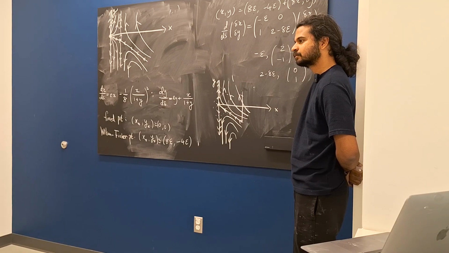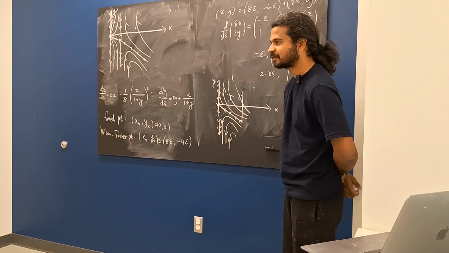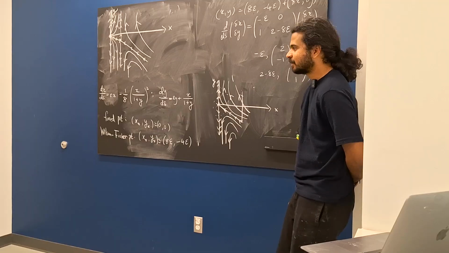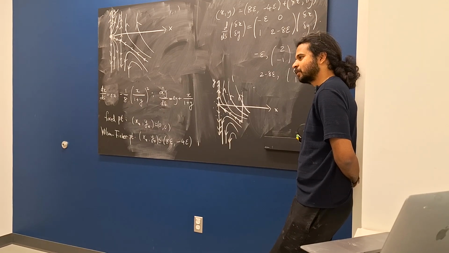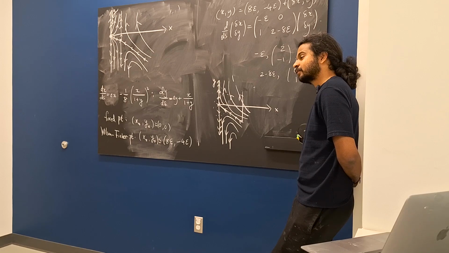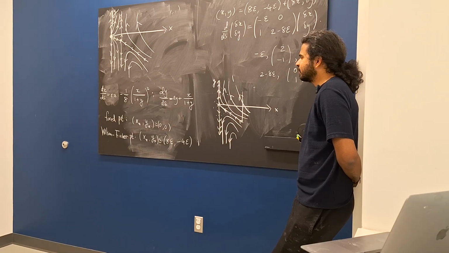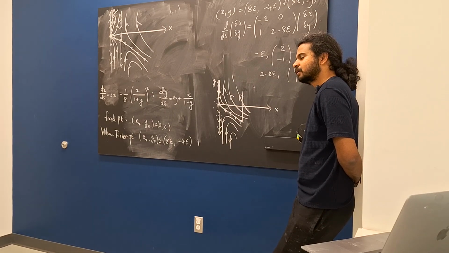What about just to all orders in epsilon? You can't even write the differential equation, or is there no fixed point? I think there still is the fixed point, but I don't think you can write the differential equation exactly, because you would need to do higher loops maybe.